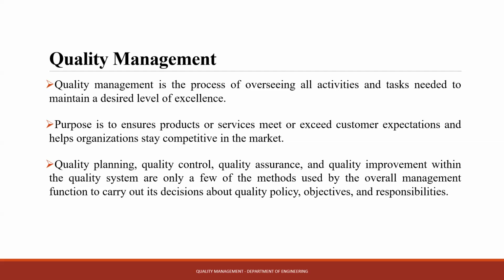That is what we are trying to do under quality management. So our main target here is to make sure that our products and services meet or exceed the customer expectation. So we can ensure customer satisfaction and we can even help the organization remain competitive in the market and so on, right?